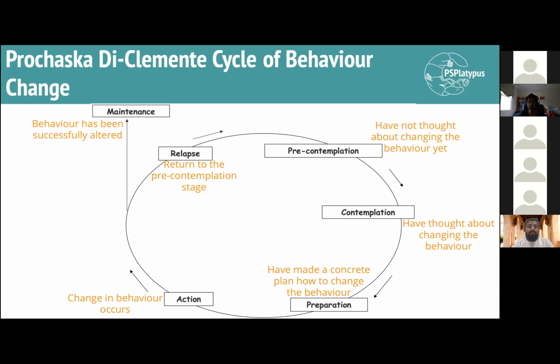Then we have the preparation stage, which is a very, very important stage, and lots of people forget about it. This is the stage where you make a concrete plan to change your behavior, for example, researching about this habit, what the disadvantages of this habit are, and what benefits you will get from changing it.